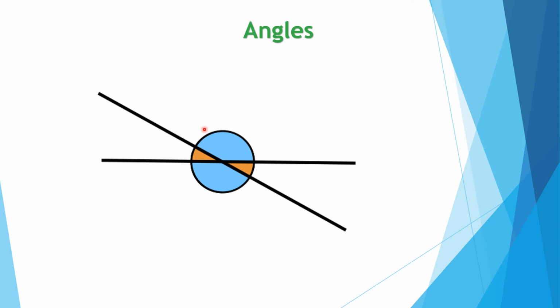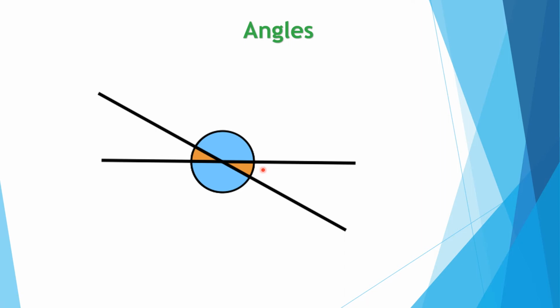Yes, you can see the angles marked in blue color are equal, and also the angles marked in orange color are equal. And see how they have been formed? Yes, the angles in the same color are opposite each other.